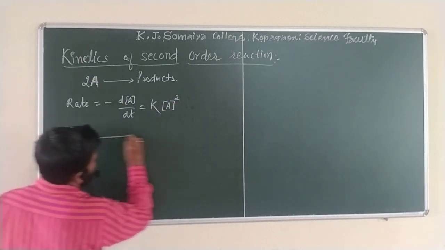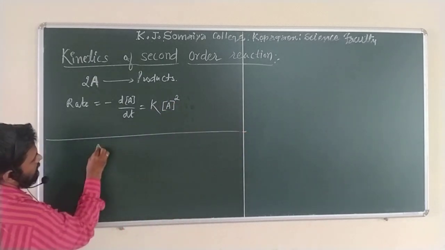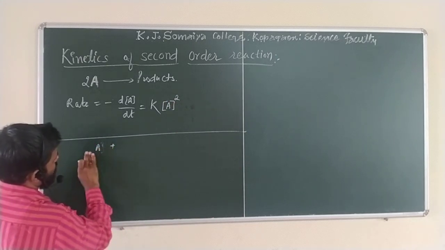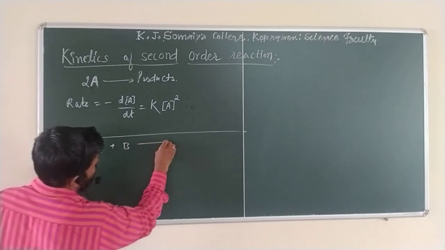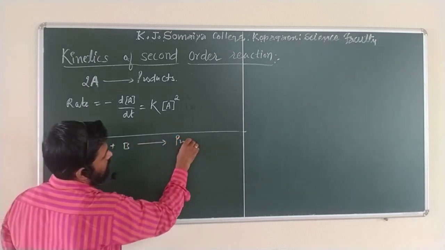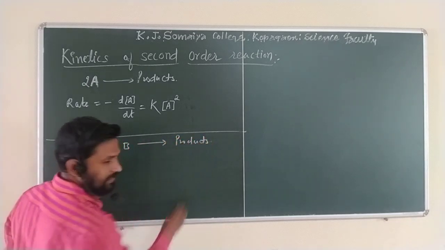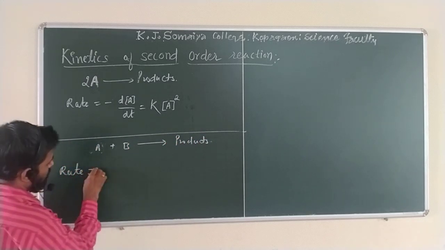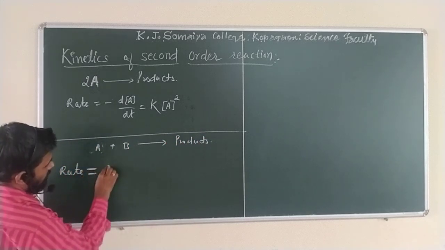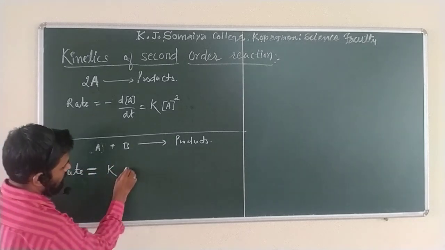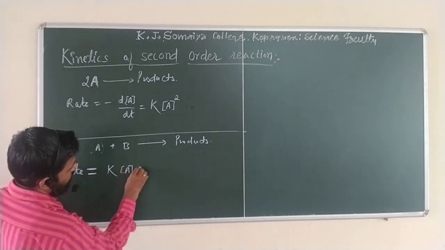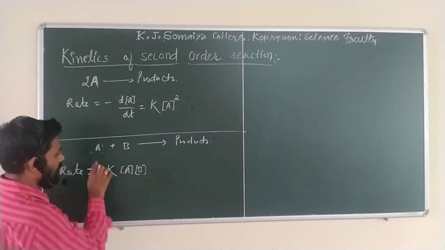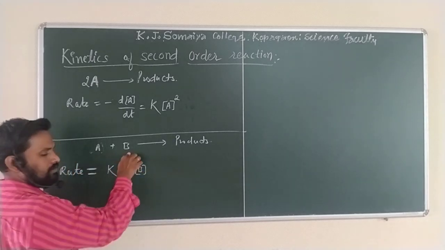In another way, if 2 reactive molecules are taken, for example A is the reactive molecule plus B is also a reactive molecule, and it forms the product, then we can write the rate according to the rate law: k, the rate constant, times the concentration of A times the concentration of B. Here A is also a measurable change, B is also a measurable change.